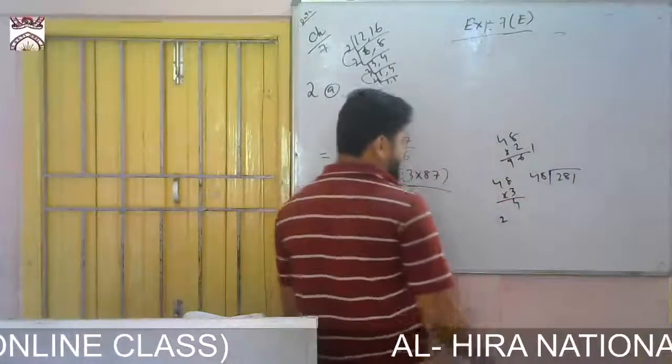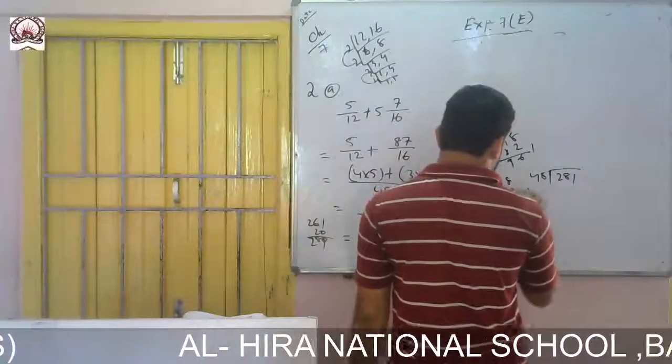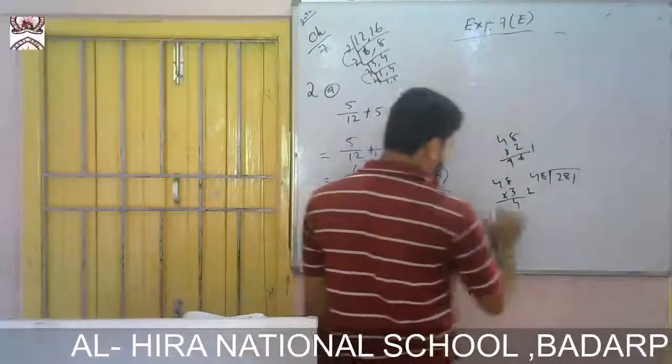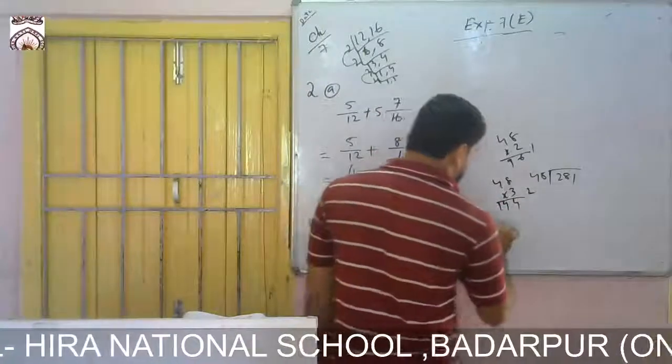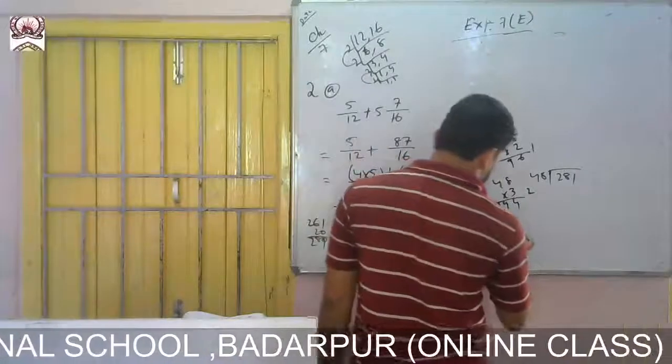So what? 48 3s are how much? $144. Like this, let us go with 48. 48 9s are how much?